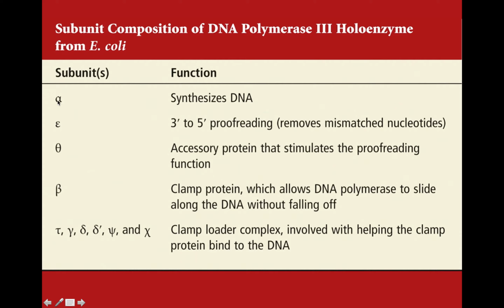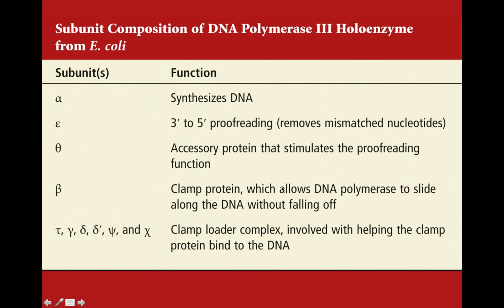It has an alpha subunit, which actually has the catalytic activity in it. It has an epsilon subunit, which contains a 3' to 5' proofreading activity, which is very important for a DNA polymerase to have. It has a theta subunit, which is an accessory protein that stimulates the proofreading function, and it has the beta clamp, which we talked about previously.